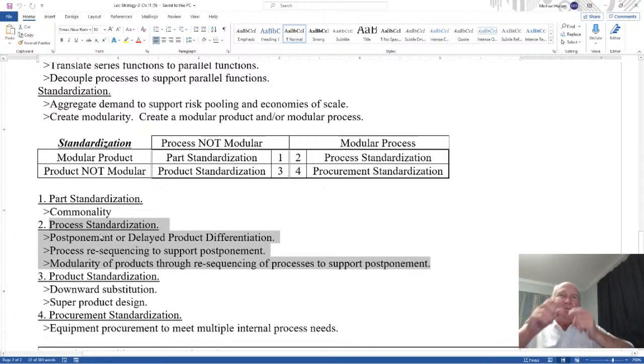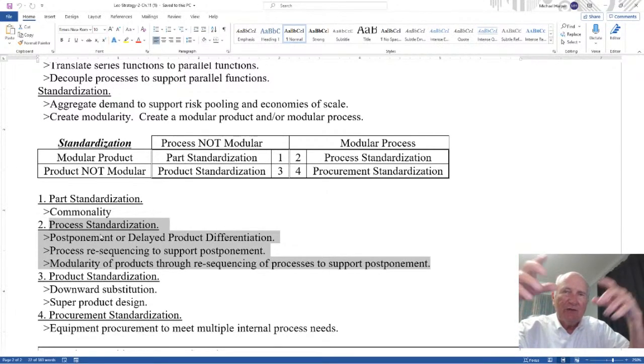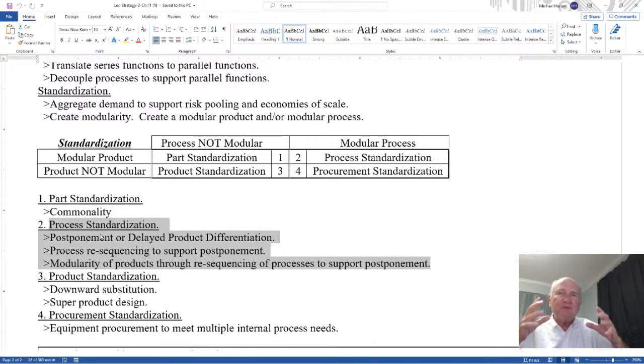The idea is that if you can modularize the product and modularize the process, not only can you assemble the product later, but you can actually finish the production of the product later, because you can have a lot of variety, and that's downstream. And so what you're shipping upstream is basically the fundamental parts, the basic commodity parts.